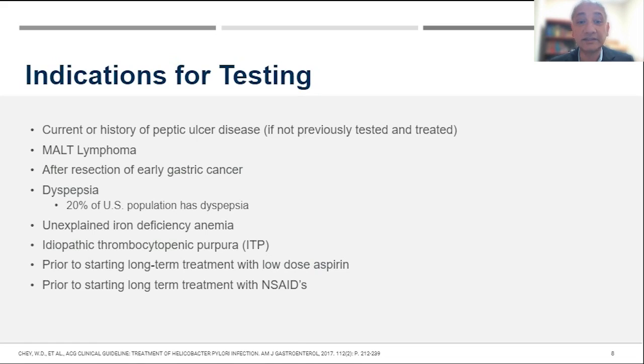And again, as these medications themselves are an independent risk factor for ulcer disease, we want to eliminate H. pylori as a second potentially synergistic risk factor. So individuals who are about to embark on long-term NSAID treatment or are currently on NSAIDs should be strongly considered for H. pylori testing.